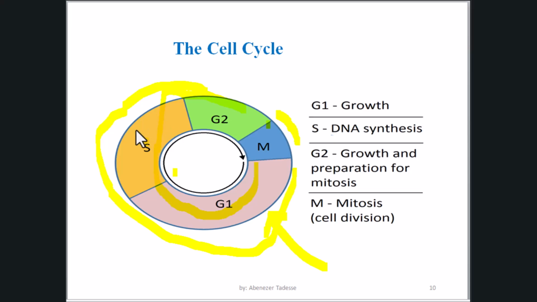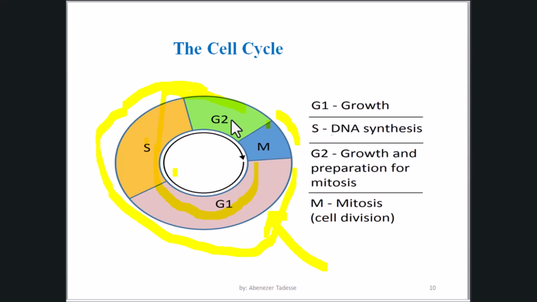After the cell enters into the S phase, it will replicate its DNA material, especially through the semi-conservative method. After that, if there is no DNA damage, it can transit from the S phase to the G2 phase. Within the G2 phase, the cell prepares for the next division.